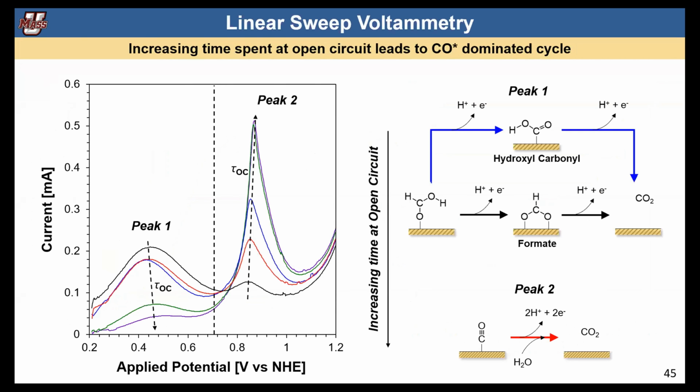So we were in the process of trying to use an electrochemical quartz crystal microbalance, but hopefully as soon as we're let back into the lab, we'll be able to do that. Now, how I can answer this is through this linear sweep voltammetry over here. As you spend more time at open circuit, you are oxidizing more CO, and that's the charge underneath this curve. So you can see the more time you spend at open circuit, the larger is the charge, the area underneath the curve associated with the CO stripping that's happening.